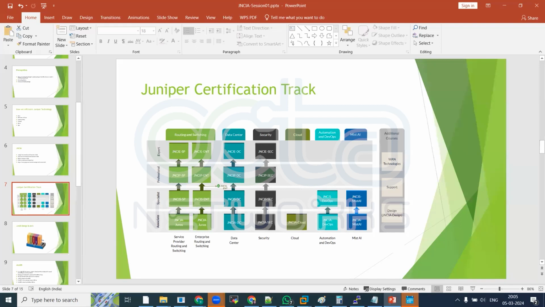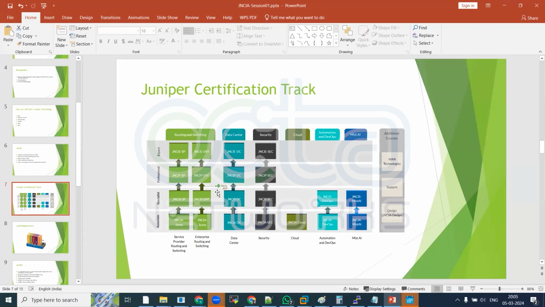An enterprise network is a high quality network, but a service provider needs a very high quality network, because all the companies' data will get transferred or transit through this service provider network, right? And what about a data center?